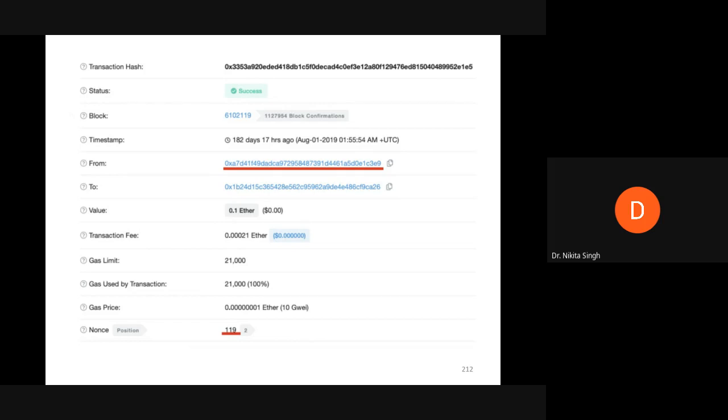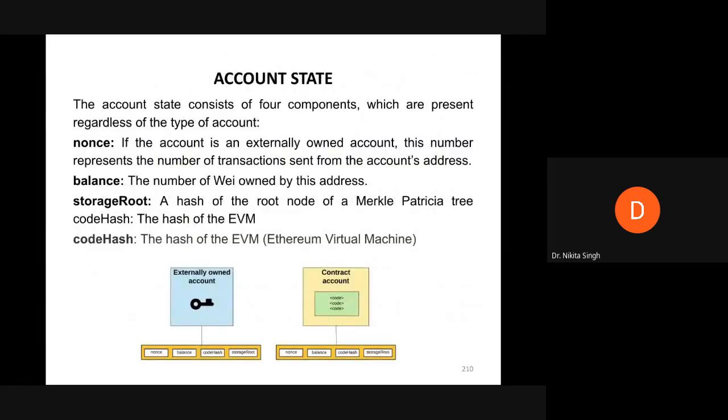Now there is one other important aspect that we need to know with respect to a nonce. There are some reasons why this nonce value is helpful. There are certain reasons why we include a nonce value in a transaction. So we'll see why we need a nonce value in a transaction.